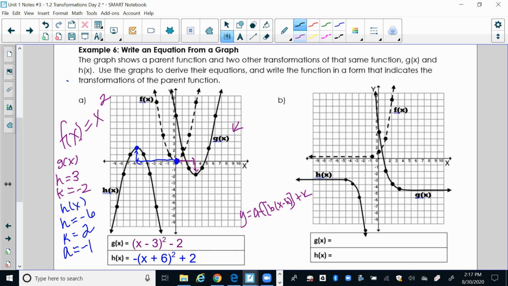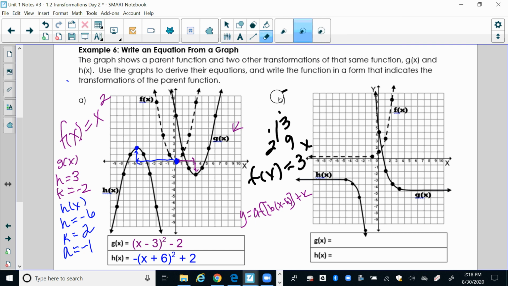If I'm quickly looking at my coordinates of f of x, I have 0, 1, and then 1, 3, and then 2, 9. So that means that f of x is 3 to the x power, right? 3 to the 0th is 1, 3 to the first is 3, 3 to the second is 9. So there's my parent function f of x.